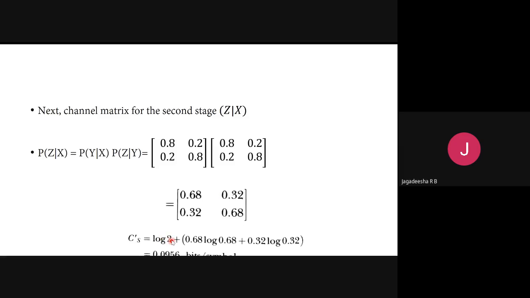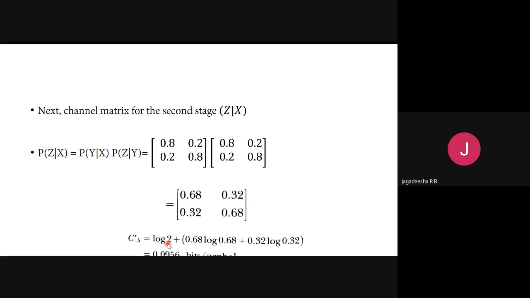Channel capacity is log n, with the probabilities of X and Z here. So this is 0.68 and 0.32, for Z1, Z2. Log 2, because we are dealing with binary, 0 or 1. When you add up all these things, you should get the channel capacity of this whole stage as 0.0956. So that is the second part of the question.